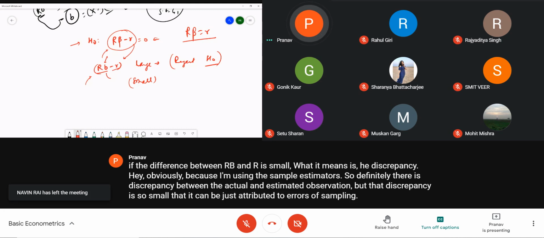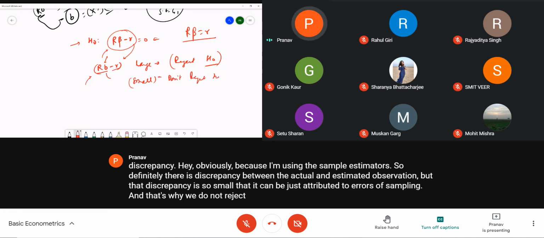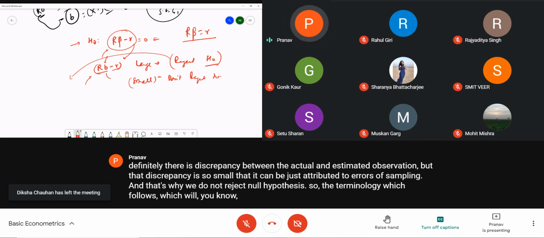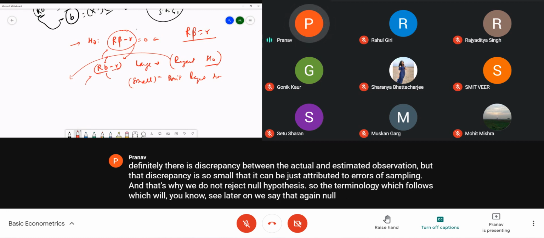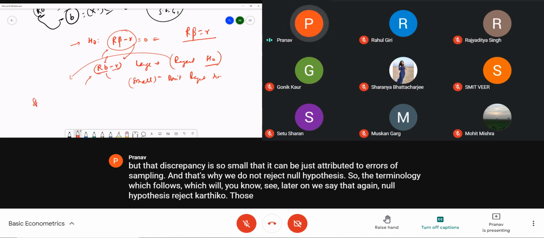And that's why we do not reject the null hypothesis. The terminology which follows, which we'll see later on: if you reject the null hypothesis, it is called a statistically significant t ratio. This is what it means.